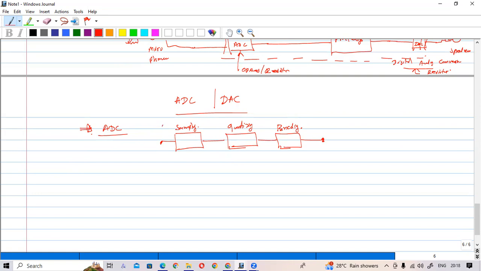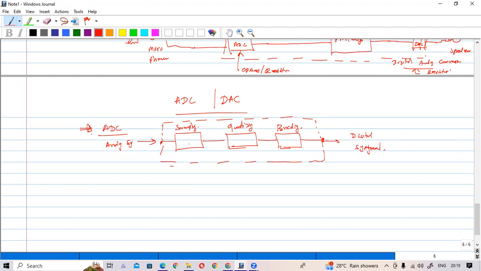So these are the 3 basic fundamental steps by which we convert an analog signal. We are giving an analog signal and we will have a digital signal as output.